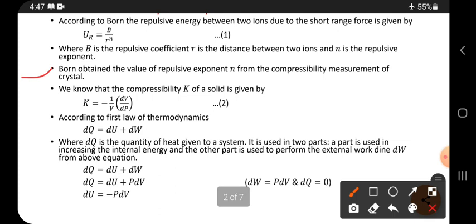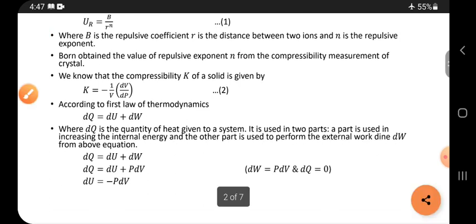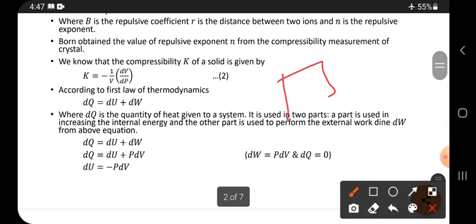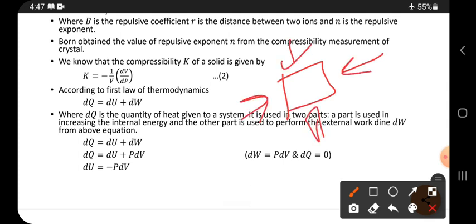Born obtained the value of repulsive exponent n from compressibility measurements of a crystal. Compressibility means, suppose it is a crystal. From all sides a normal force acts, and when the force acts, a change in its volume will occur. That is why K is called the compressibility constant.